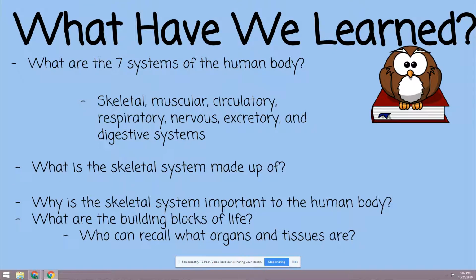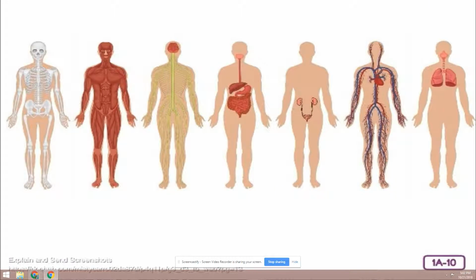So blood cells cannot do the same thing as nerve cells. Nerve cells would be found within the nervous system, whereas blood cells, remember, would be found in places like the circulatory system. Okay, so now let's look at our 7 systems and see if we can remember what those 7 systems are.